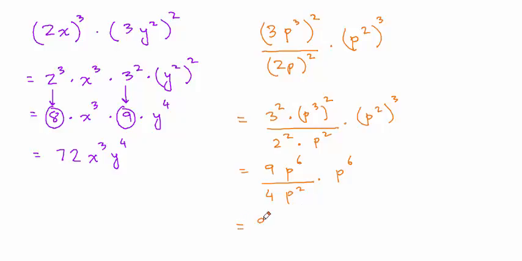And that's equal to 9 over 4, p raised to the 6 plus 6 on the top, and there's a 2 on the bottom, so that becomes a minus 2. So this is 9/4 p raised to the 12 minus 2, which is 10.